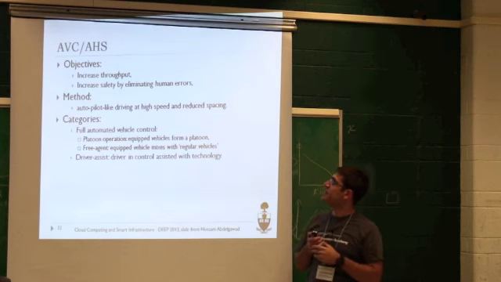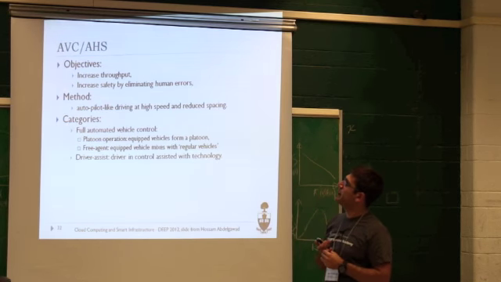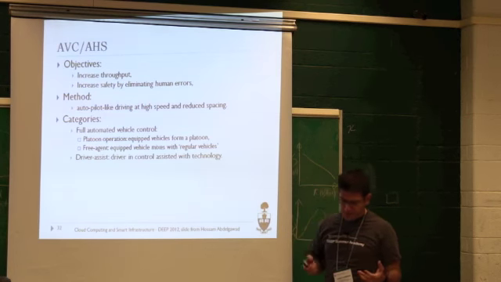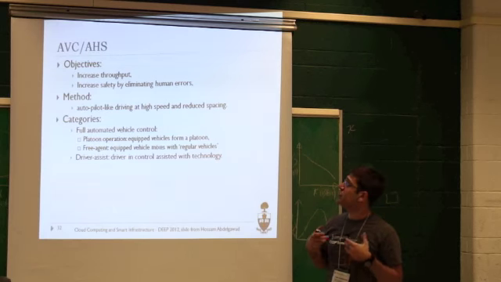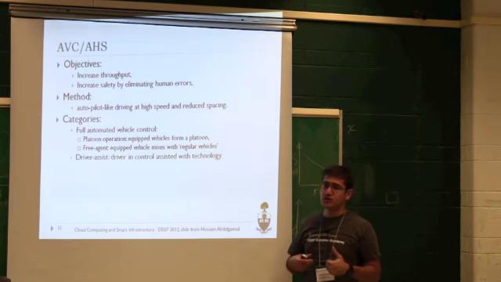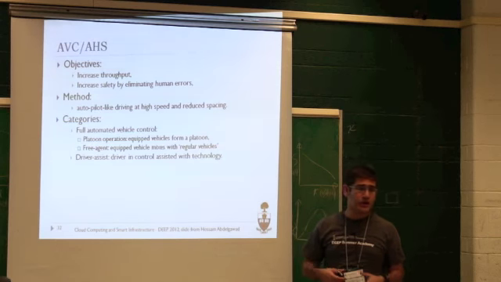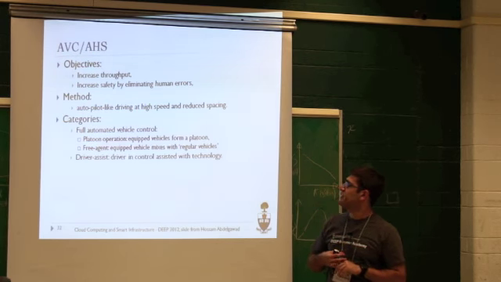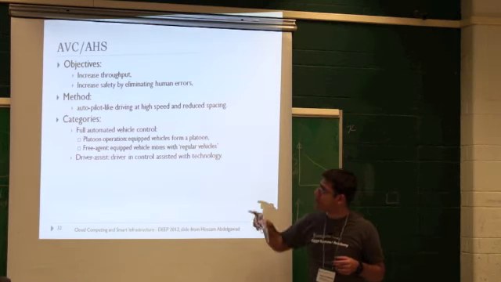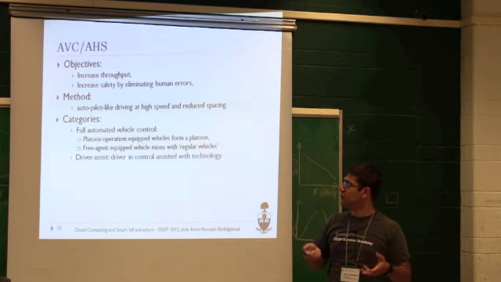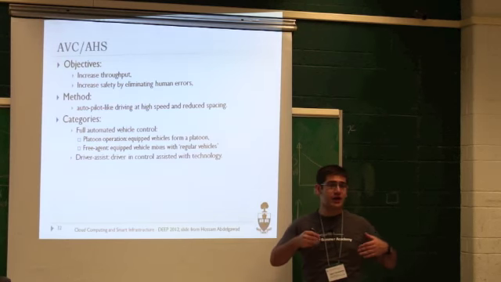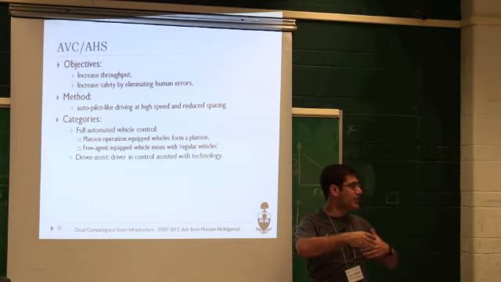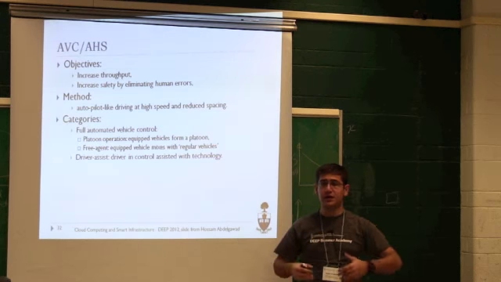Next is AVC or AHS. So the point of this is to increase the throughput of the vehicles and to reduce human errors, of course, for improving safety. And there are different categories of this, including fully automated vehicle controls, where you have a platoon of vehicles, you put them after each other, and you let them run.